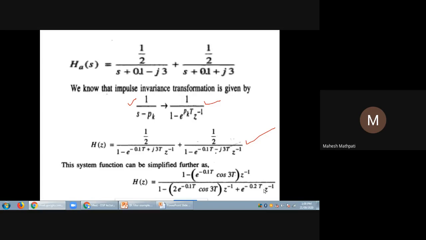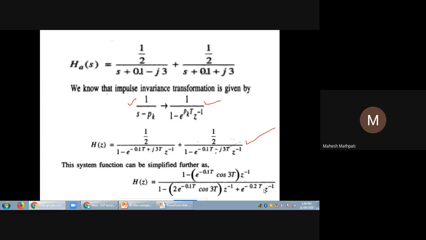Okay. Then the next, a upon (s plus a) whole square plus b square. Then we have a formula for that. What is that formula? (s plus a) divided by (s plus a) whole square plus b square. So what is the formula for that? वहां पे लिख के दिया है मैंने.